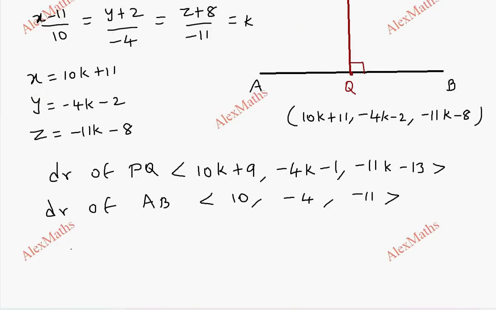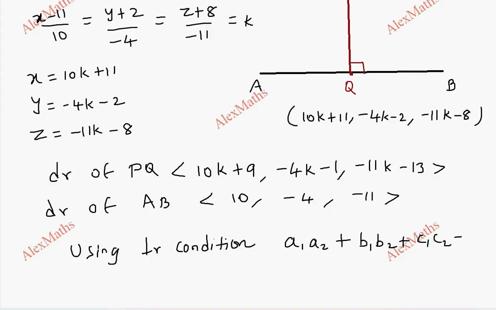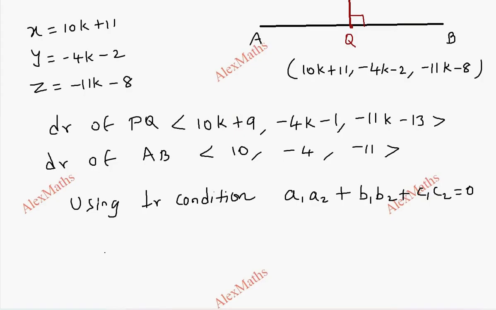Now they are perpendicular, so we are going to use the perpendicular condition, which is a1 a2 plus b1 b2 plus c1 c2 equal to 0. So this will become the product of this and this, because this is a1, this is a2.